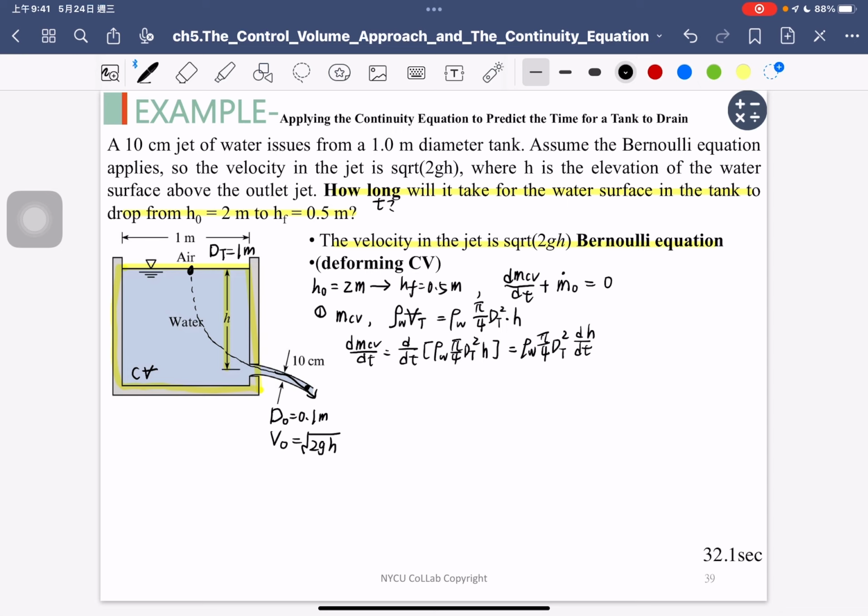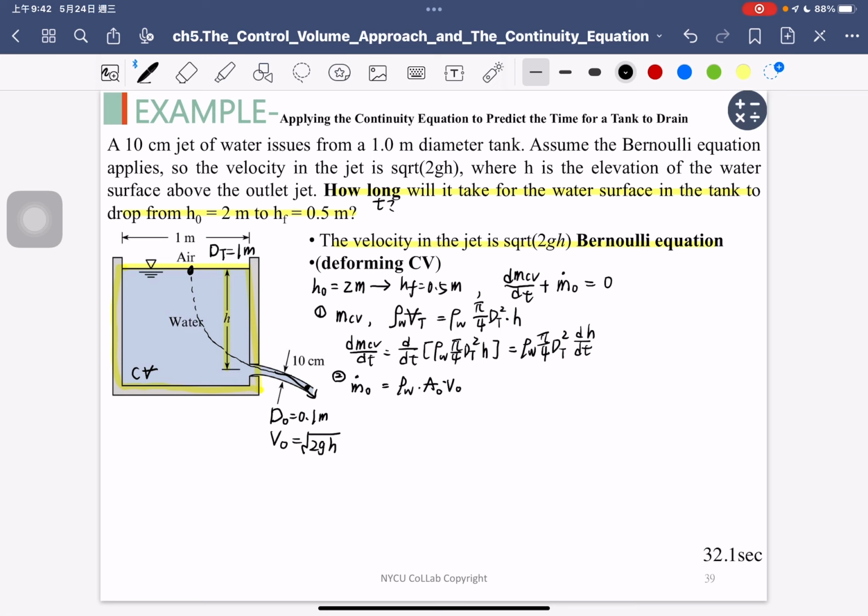And the second item we should figure out is the mass rate for the outflow. We know that we have the density, the cross-section area of the outflow, and the velocity of the outflow.